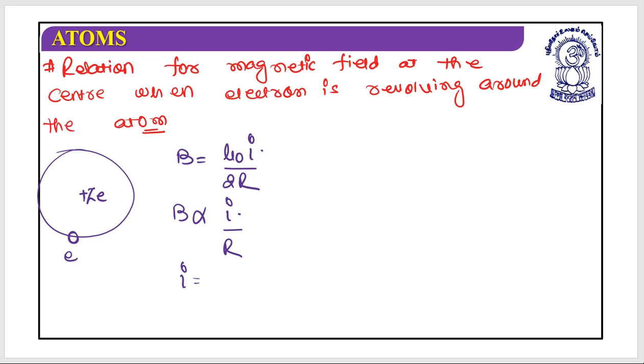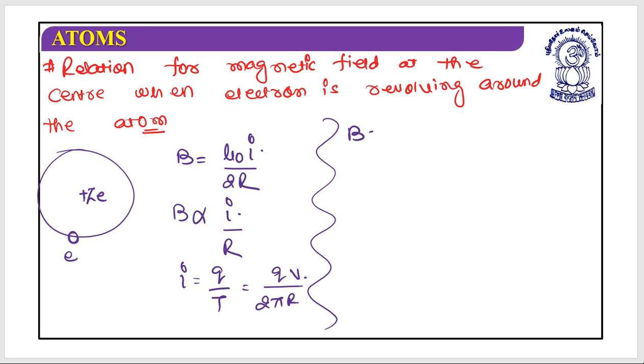Now how could I write I? That is equal to Q by T. And how could I write T? It is 2 pi R by V. So B equals mu naught by 2, keep it aside, and I equals QV by 2 pi R, multiplied by 1 by R. So basically the magnetic field is directly proportional to V by R square.